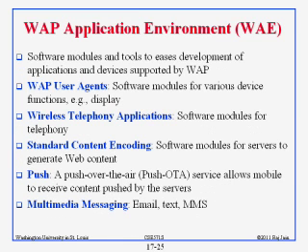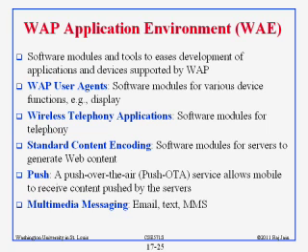Alright, so then there is a WAP application environment, which is like a library of modules that can be used. For everything that we have, they use the library. So there are libraries for WAP. If you're writing a WAP application, then you can use those libraries. They are like any other library.